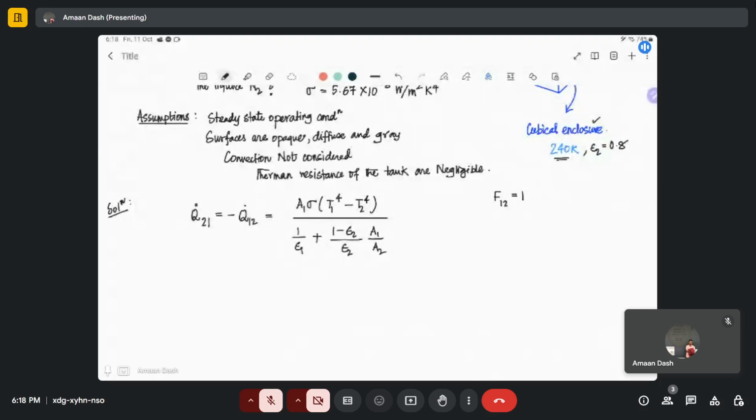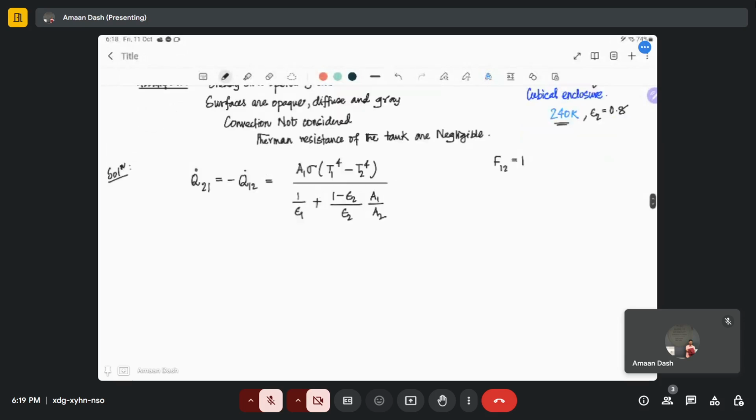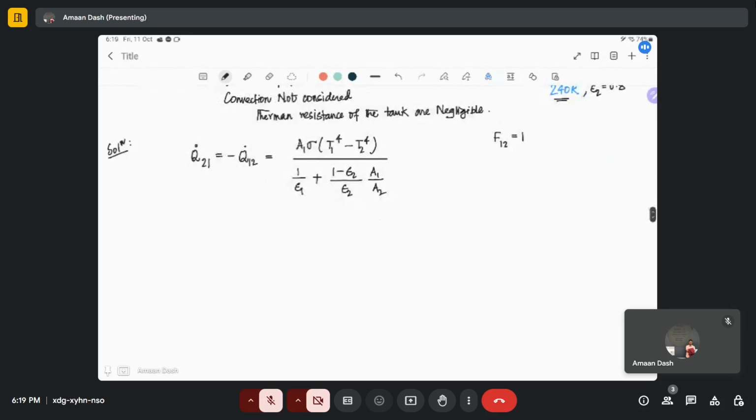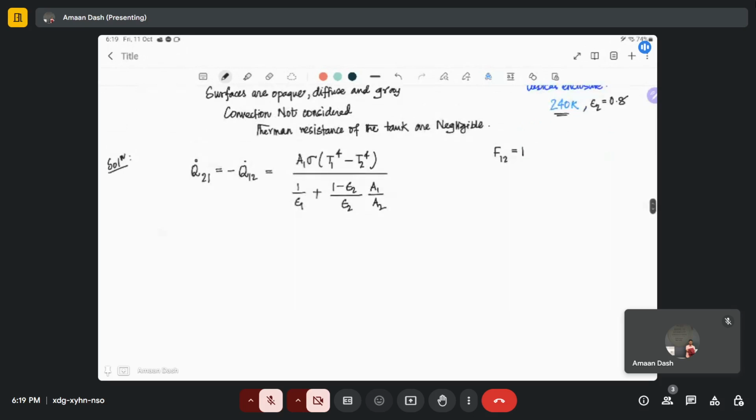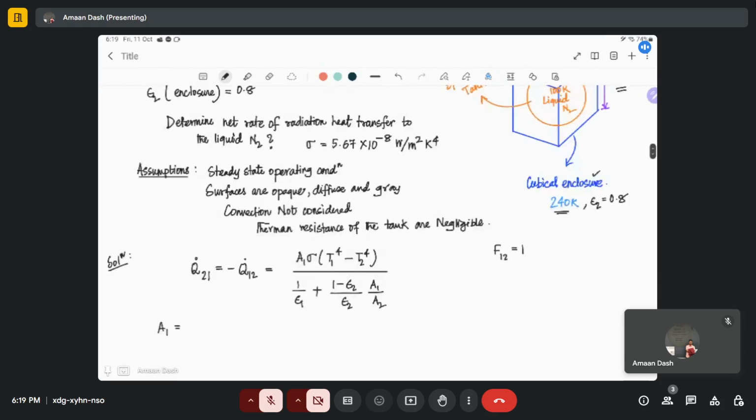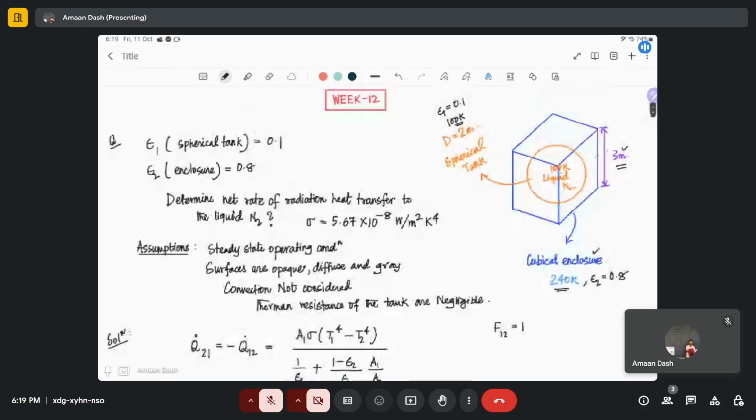Because we know that from system 1 to 2, the fraction of energy emitted by surface 1 that comes to surface 2 will be 1, since all the radiation coming out of surface 1 will be intercepted by surface 2.